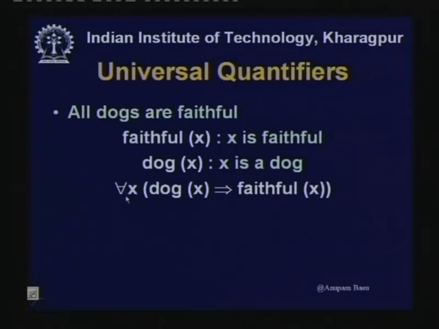So, I can write for all x, dog x implies faithful x, and that is true for any x which makes dog x true. That means for any x that is a dog, faithful x will be true.